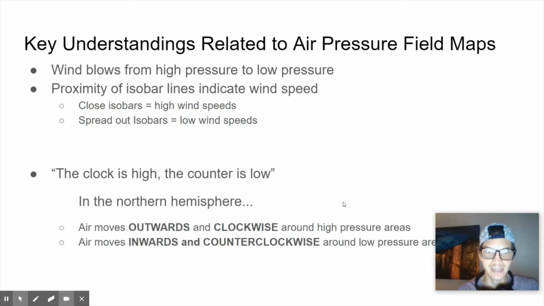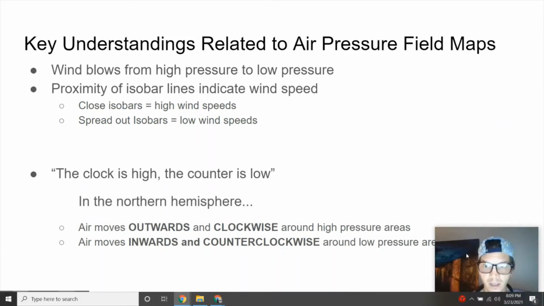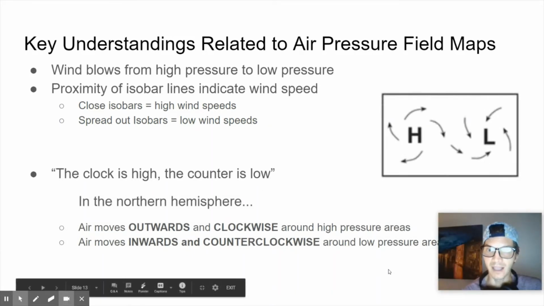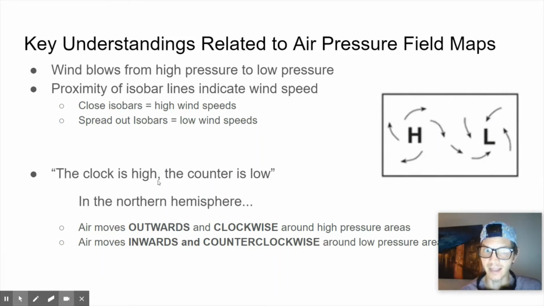So what that means is that in the northern hemisphere, we're going to have air moving clockwise around a high pressure area. So the clock is high, and the air is going to be moving in a counterclockwise direction around a low pressure area. So the clock is high, the counter is low, and there is also some inwards and outwards motion.